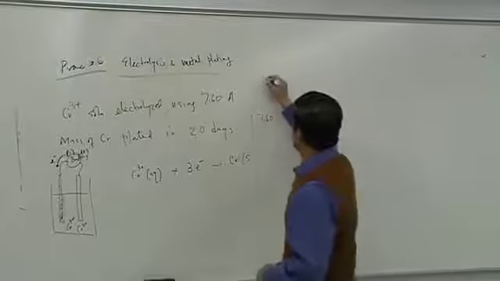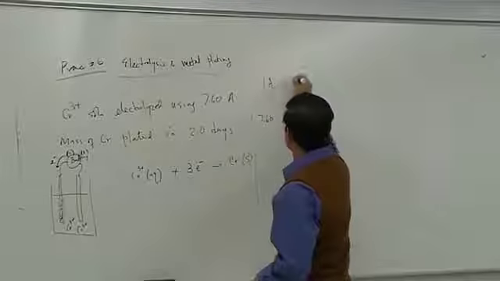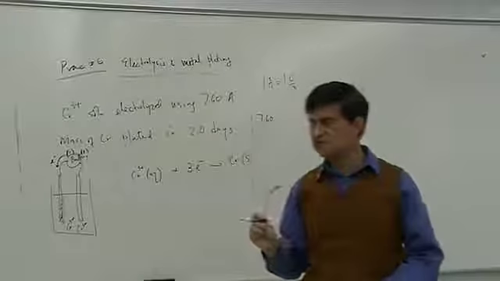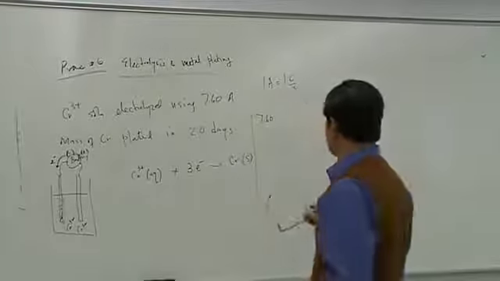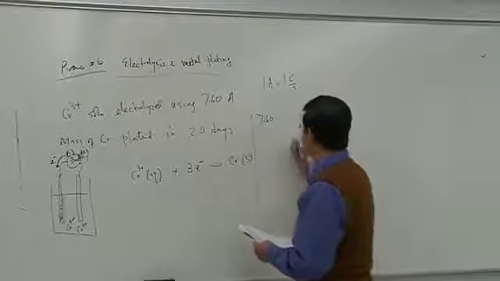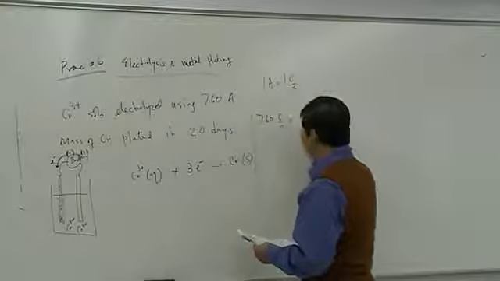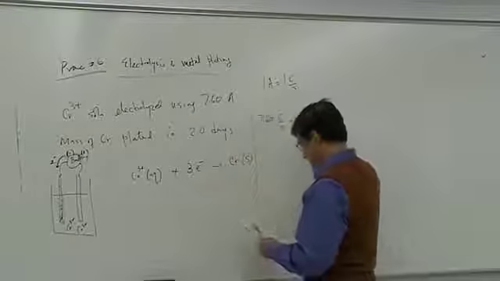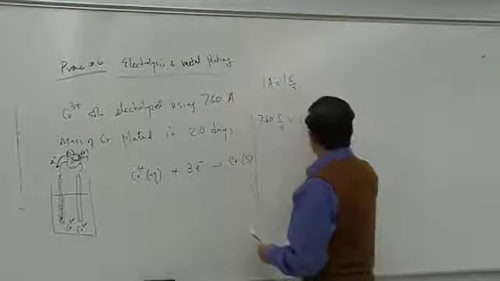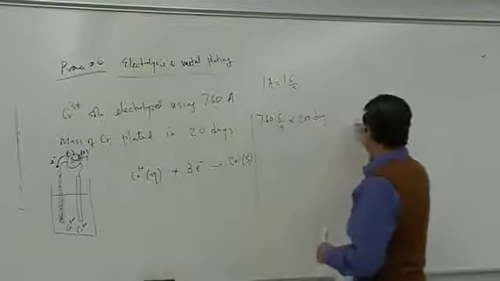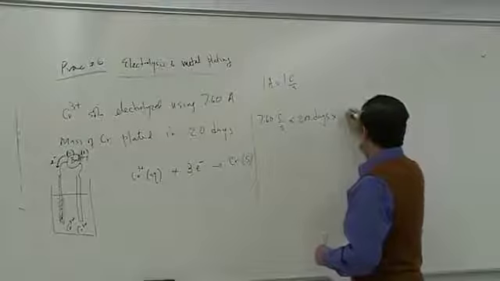Let me write down here. 1 amp is 1 coulomb per second. Coulomb is the unit of charge. So unit of charge per second is ampere. So I can write coulomb per second times 2 days, because you are passing that electricity for 2 days. And I can write each day having 24 hours.